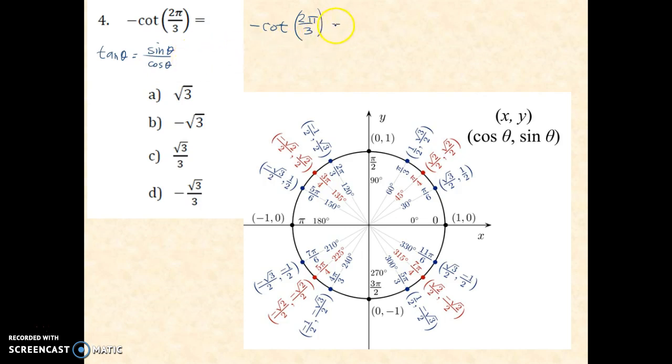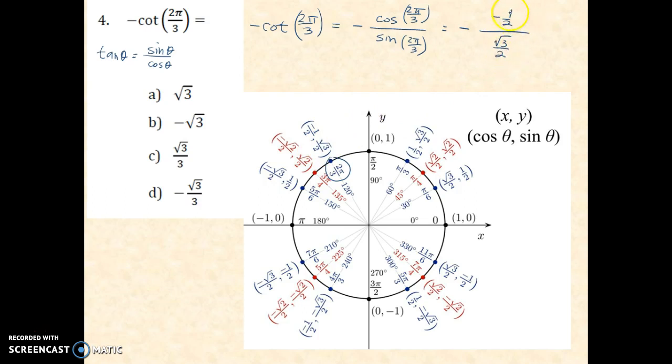So cotangent is going to be cosine over sine. So cosine of 2 pi over 3 divided by sine of 2 pi over 3. So let's find 2 pi over 3 right here. Cosine is negative 1/2, so negative 1/2, and then sine is radical 3 over 2.